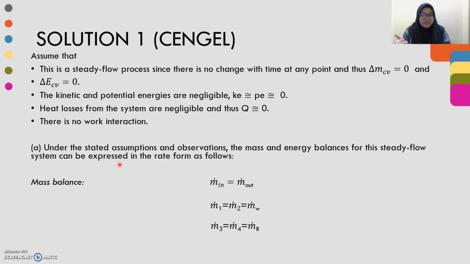The mass balance is m dot in equal to m dot out. If we differentiate between water and refrigerant, we know that m dot 1 is equal to m dot 2, which is m dot water, while m dot 3 is equal to m dot 4, which is m dot refrigerant.